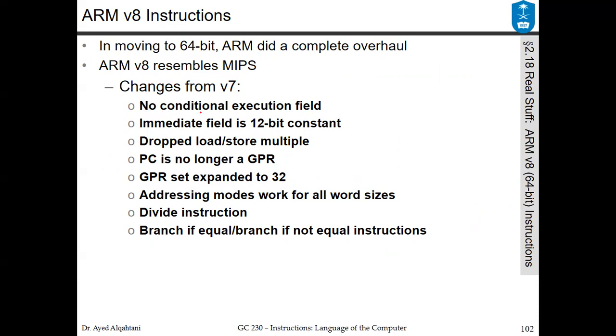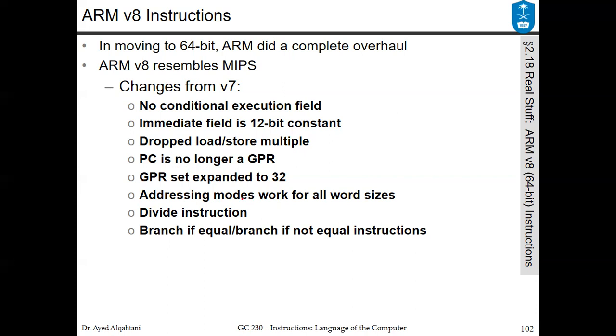So there was no conditional execution field. The immediate field is only a 12-bit constant. They dropped the load and store multiple. That was an instruction, they took it out. The program counter is no longer a GPR, general purpose register. The GPR set expanded to 32. Remember, they were 15, so now they have more. Addressing mode works for all word sizes.